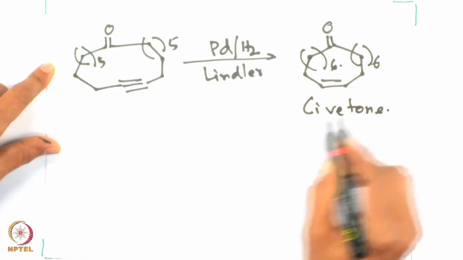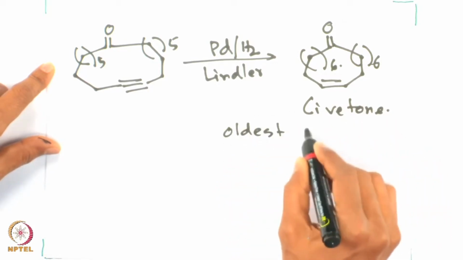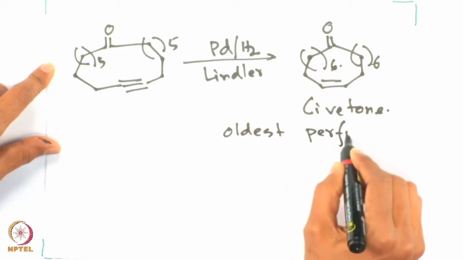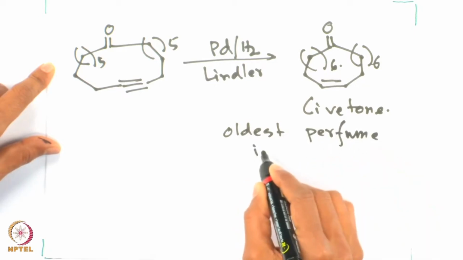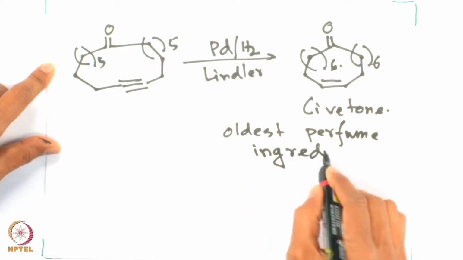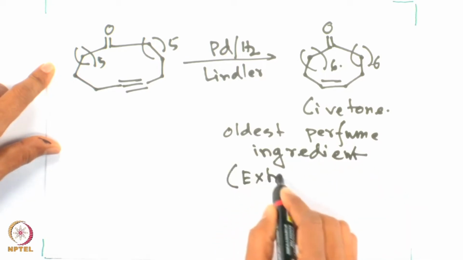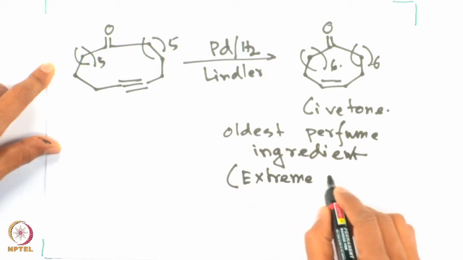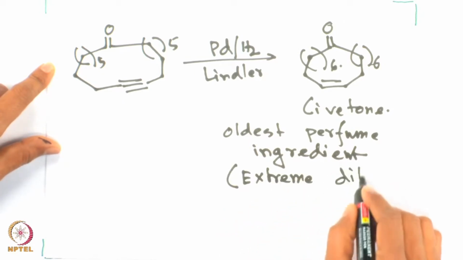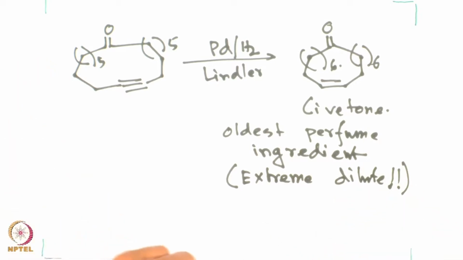This is the oldest perfume that is known. This is the ingredient of the oldest perfume, and it is usually used under extremely dilute conditions. So, this is used very dilute, and it can be synthesized by a chemist quite easily.